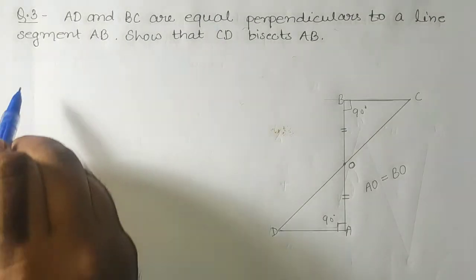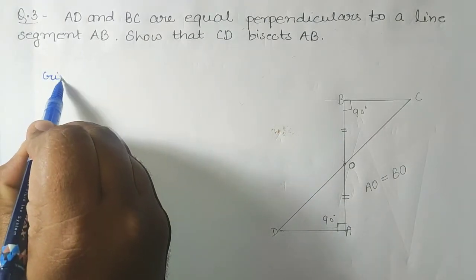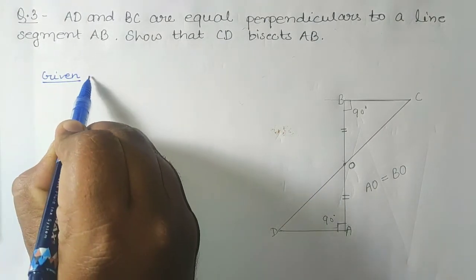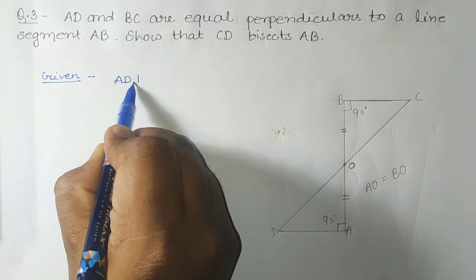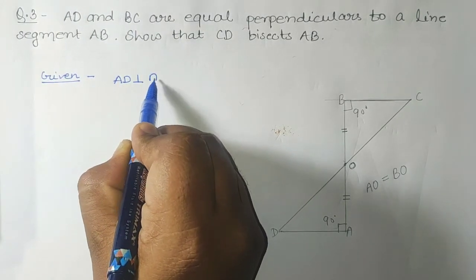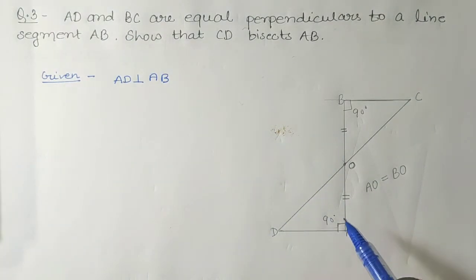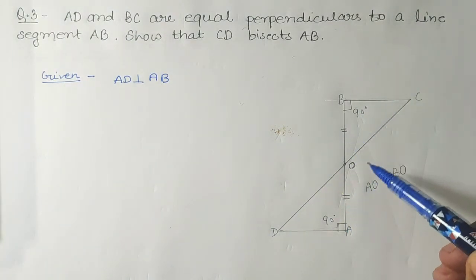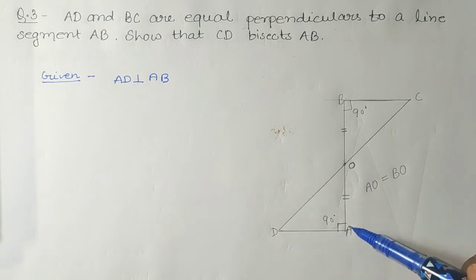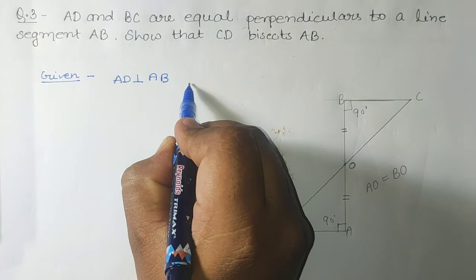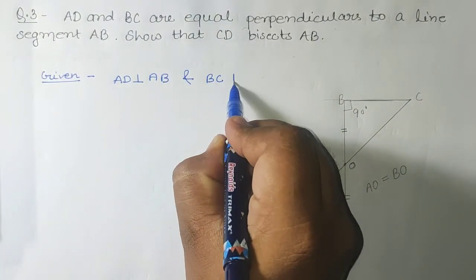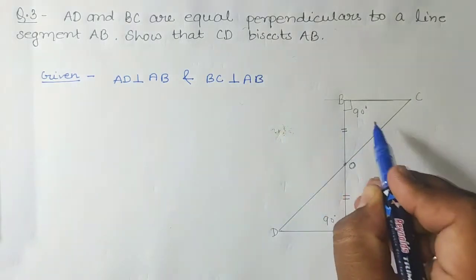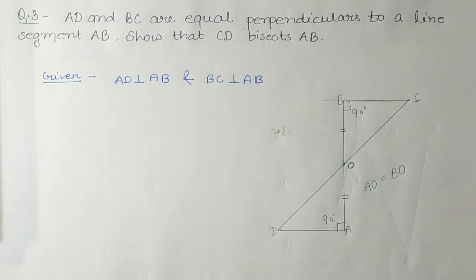Firstly, we'll write what is given in the question. It is given that AD is perpendicular to AB. This line AD is perpendicular to this line AB. And one more thing is given, that side BC is also perpendicular to AB. This side BC is also perpendicular to AB.